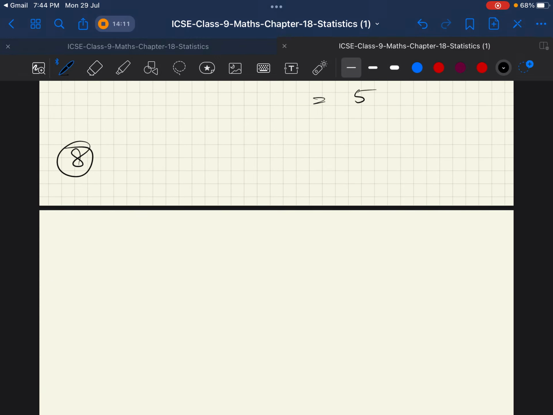Now question number 8, construct a cumulative frequency distribution table from the frequency table given below. Okay, so here class interval, here you notice this is the exclusive distribution table.